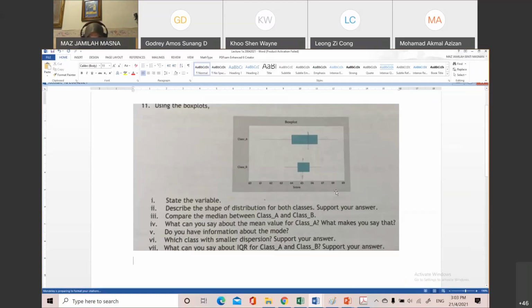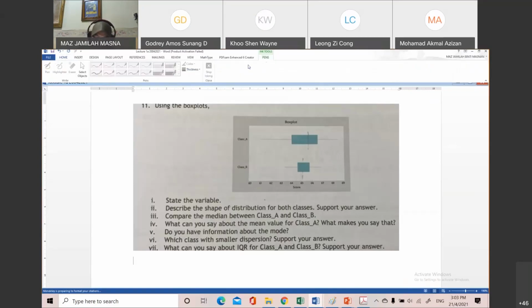In this case, you are given two box plots for class A and class B, and you have score on your x-axis here.